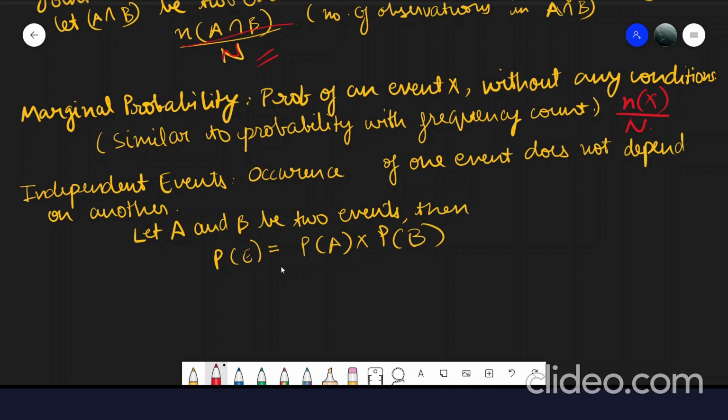Independent events are events where the occurrence of event A does not depend upon event B. So if you want to find the probability of the event where A and B both occur, and A and B are independent of each other, then the probability is just the probability of the individual event A times the probability of the individual event B, all right?